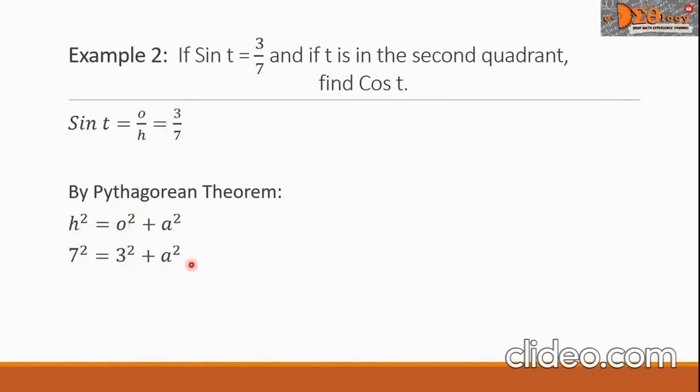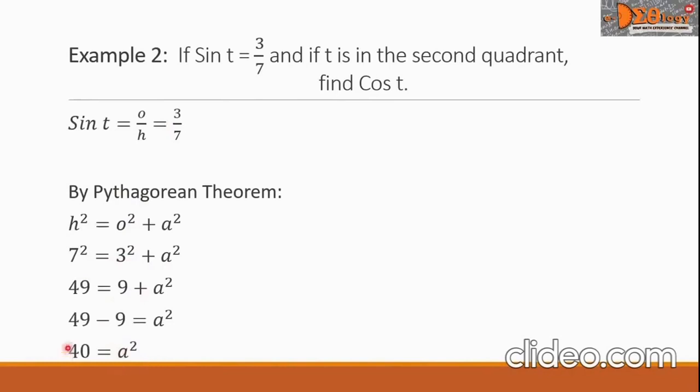Let us simplify further. The 7 squared equals 49 equals 3 squared is 9 plus the a squared. We will transpose this 9 to the other side, so the sign will change. So we have 49 minus 9 equals a squared. 49 minus 9 is 40 equals a squared.